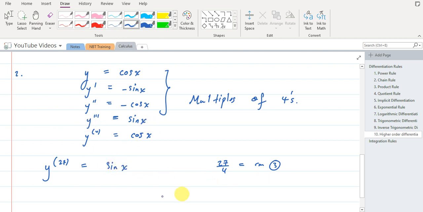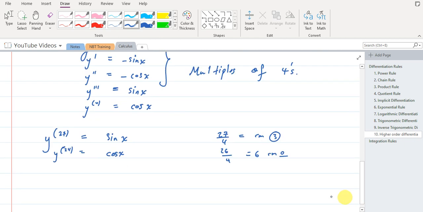That's what your answer will be. If we want to find the 24th derivative, 24 divided by 4 is just 6, remainder 0, so we're looking at the zeroth derivative, just cos x.